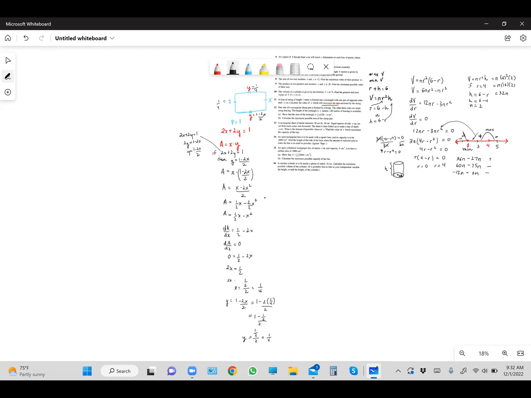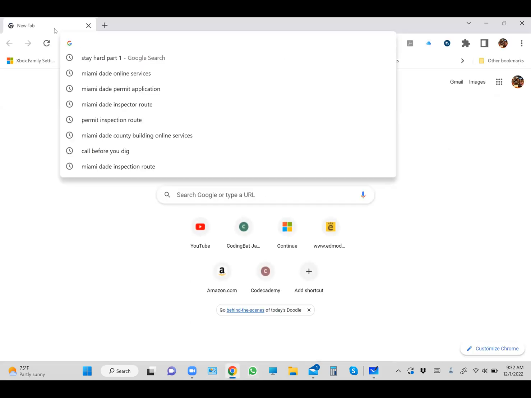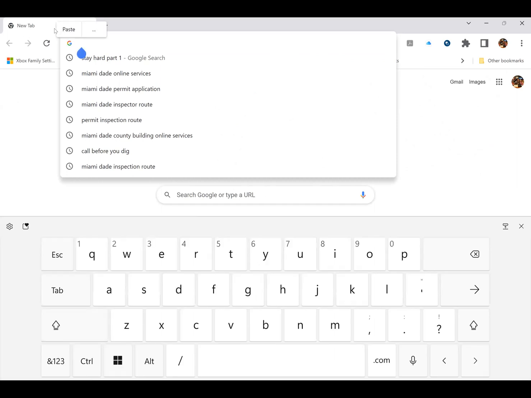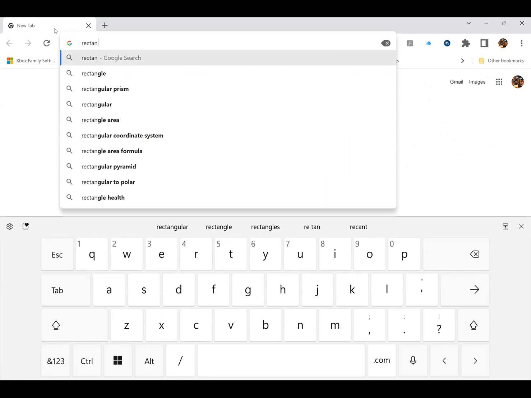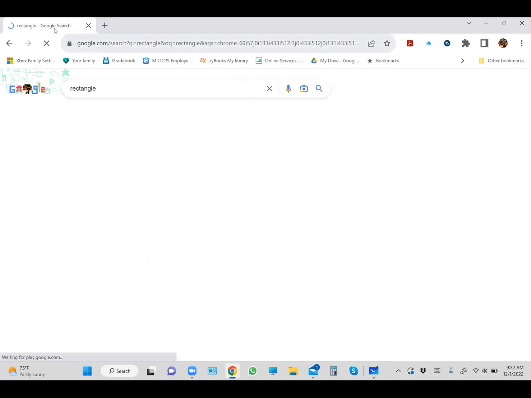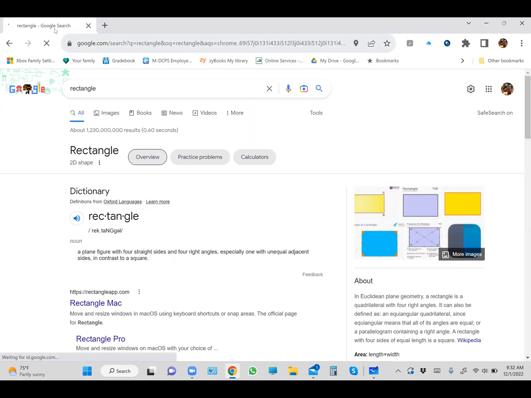Here it is. All right, so let's search a rectangle. A plane figure with 4 straight sides, okay. And 4 right angles, good. Especially one with unequal adjacent sides, in contrast to a square, so they make that distinction.